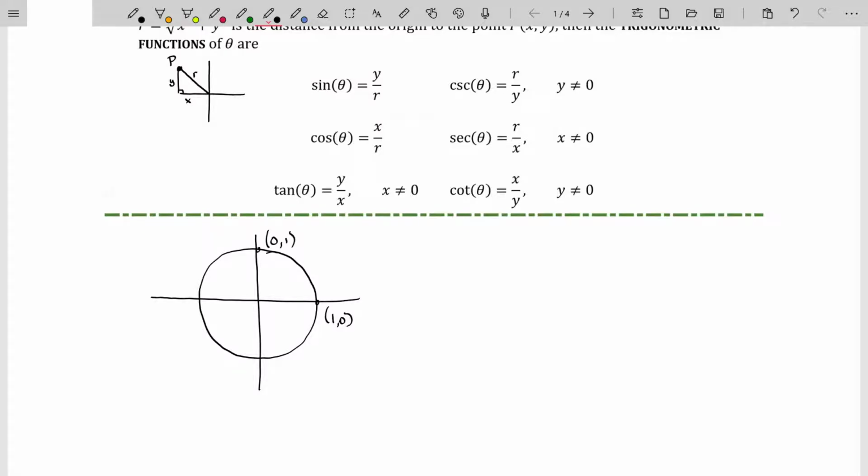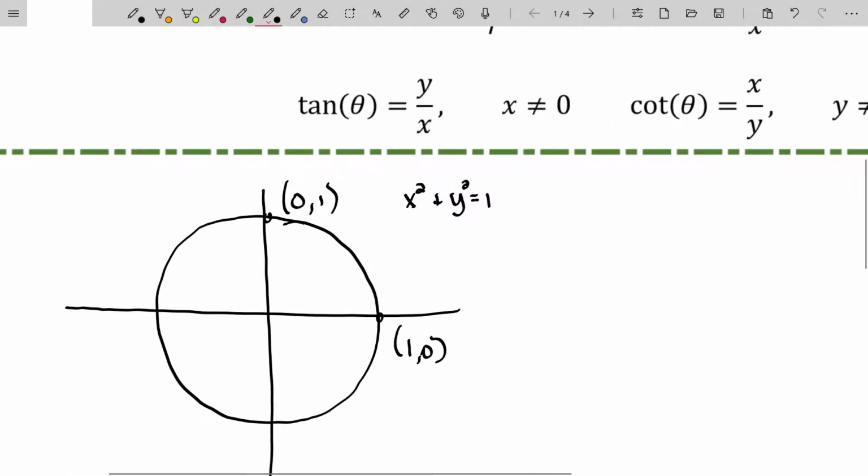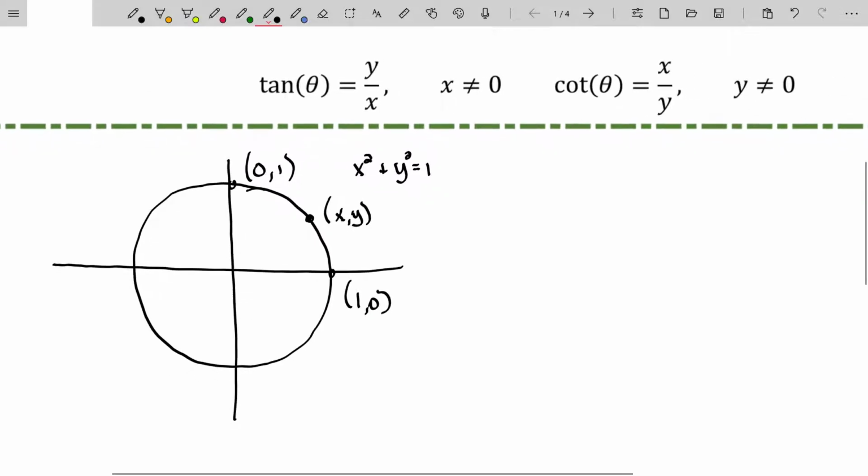The unit circle definition says we have this circle here, and its equation, by the way, is x squared plus y squared is equal to 1. If you pick a point on that unit circle, the point should satisfy that x squared plus y squared is equal to 1. But we're going to label the trigonometric functions based on points on the unit circle.